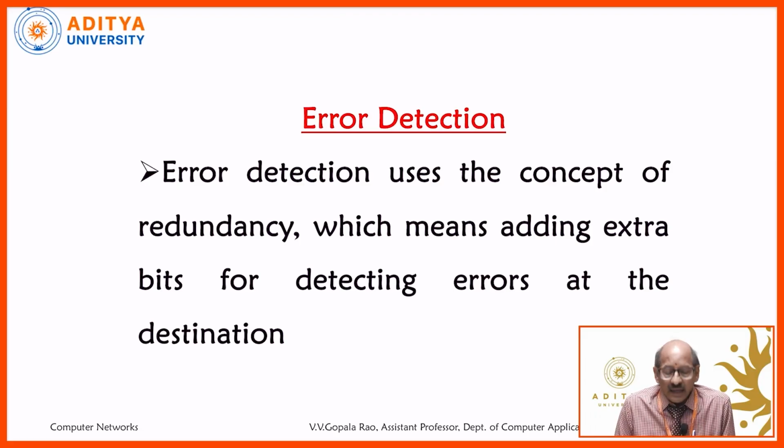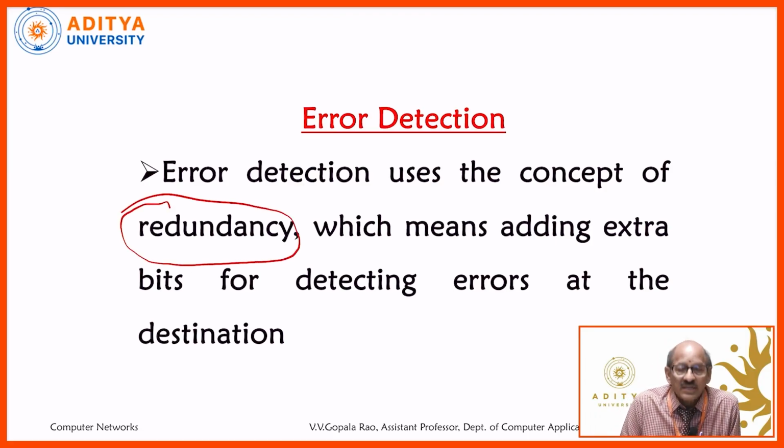For this, we are following a concept called redundancy. In the following slide you can understand what redundancy actually means, why you introduce redundancy, what you call the redundancy bits, and what is the role of redundancy bits.